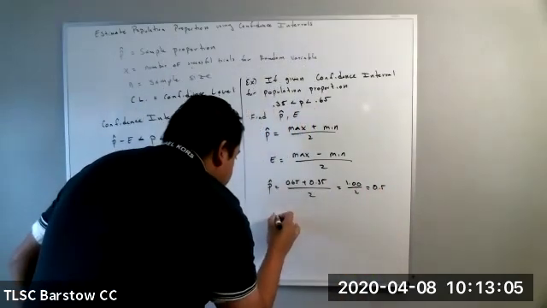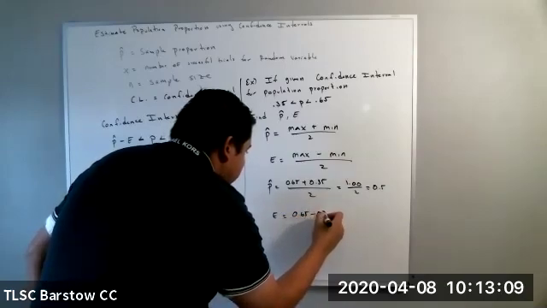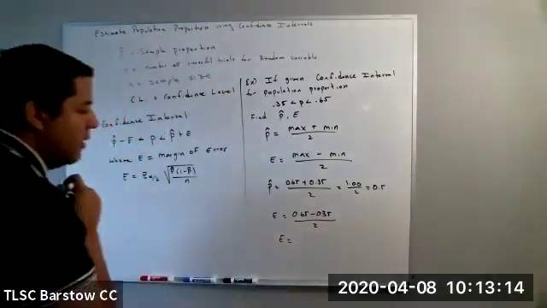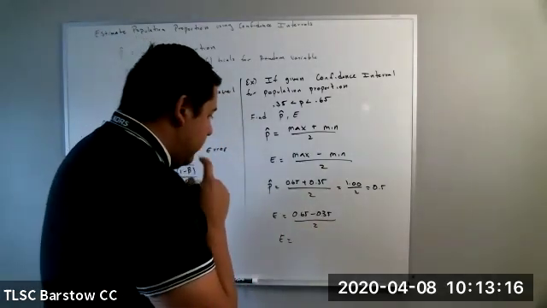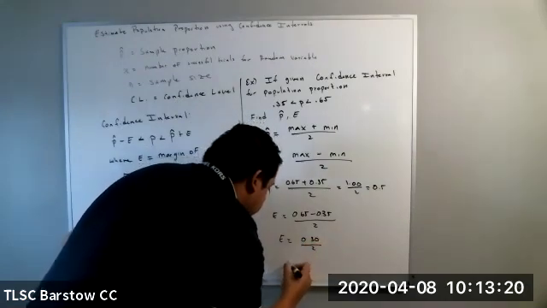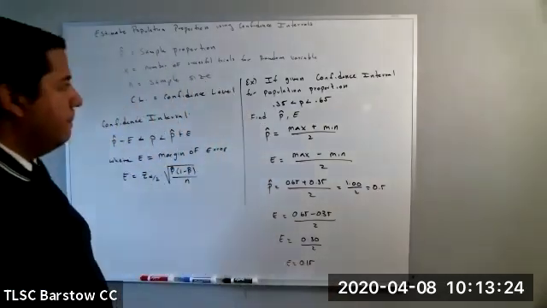And then the error, 0.65 minus 0.35 divided by 2. So that should give me 0.30 divided by 2. So E equals 0.15.